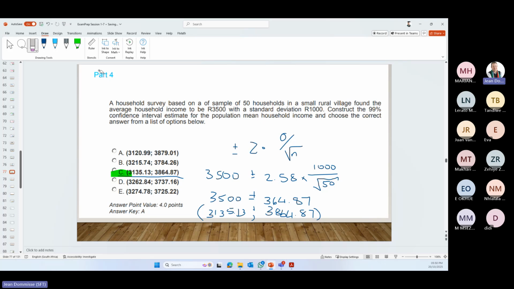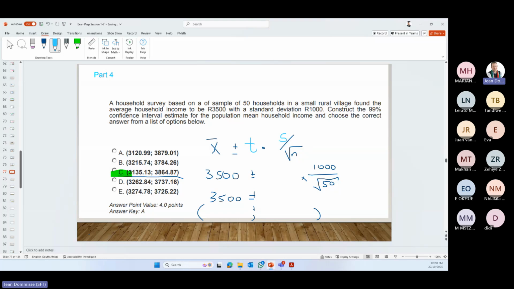Okay, so that will still stand. There will come in a difference, which will make this different. So we have a sample.